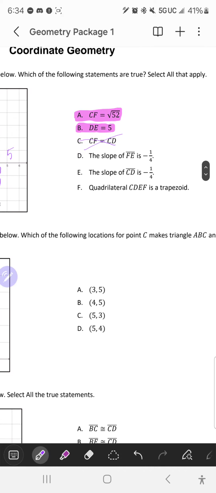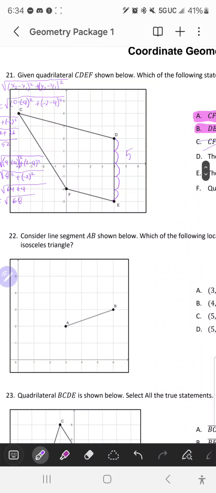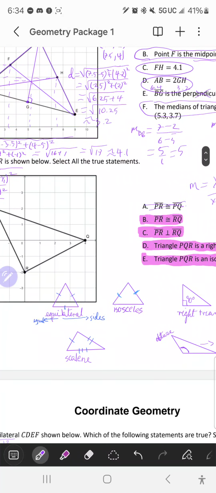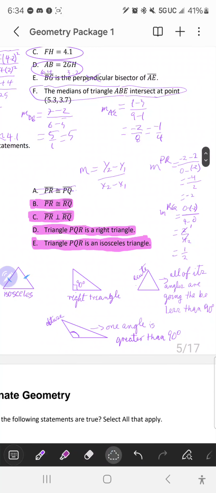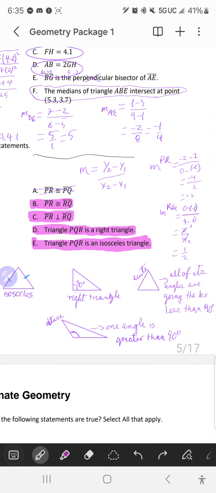Now, the slope of FE is -1/4. As I explained, in this example I use the slope. Yeah, this is a slope. I just was confused because I also used it in the last example. Let me draw a line here so I don't get confused.